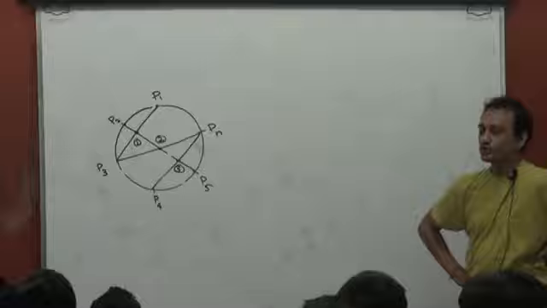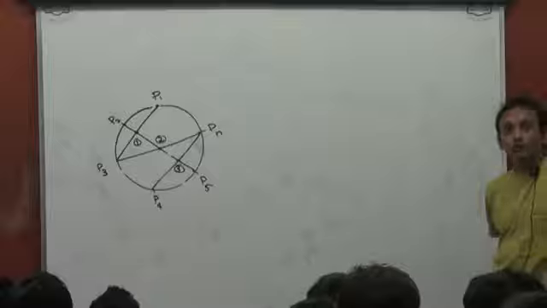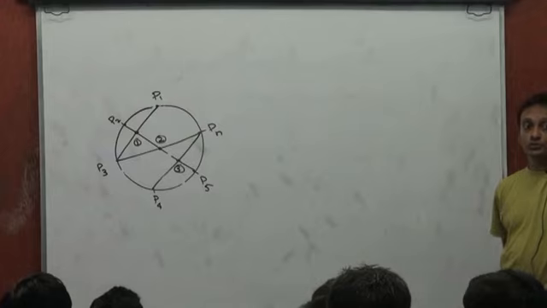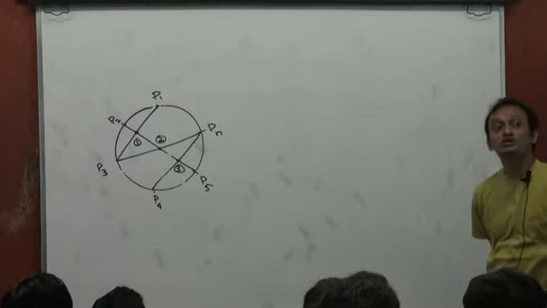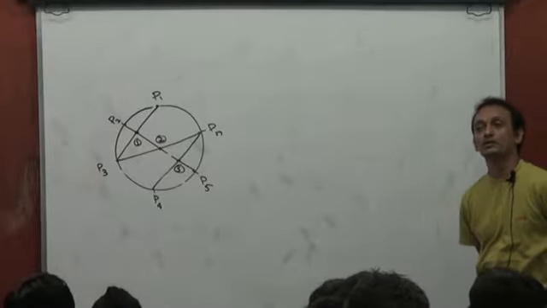I hope you understand the problem. All points are joined to all other points, leading to a bunch of intersection points. How many intersection points in all?